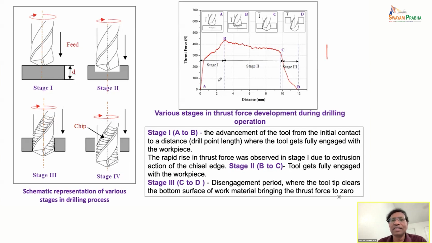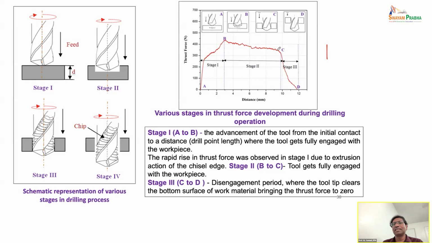Now we see that initially when the cut is starting, the cutting force actually increases very steeply because it was from zero, no contact. Now it has touched, and the thrust force increases. Then during the second stage, we find that it increases but relatively slowly as the depth increases.